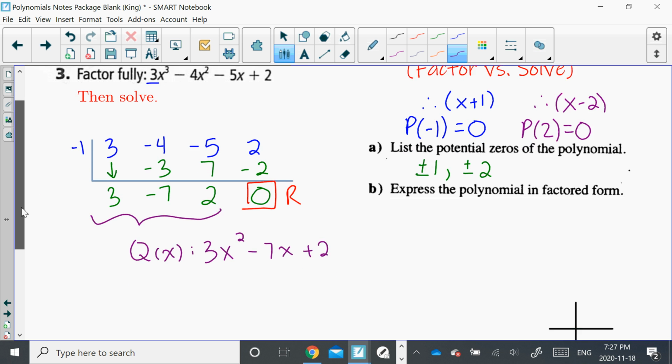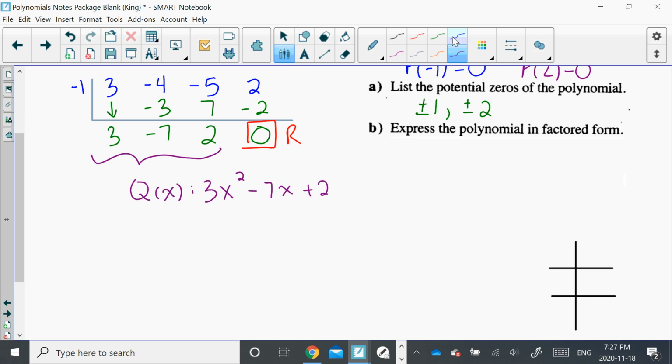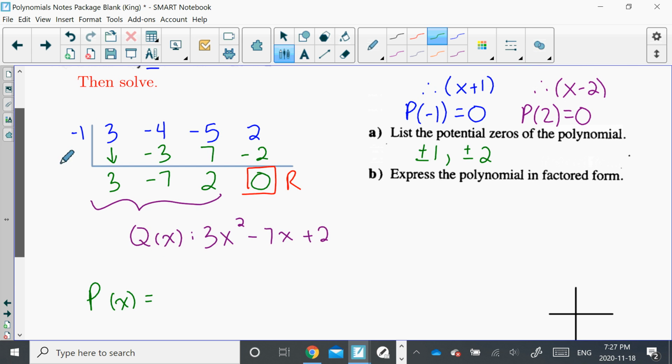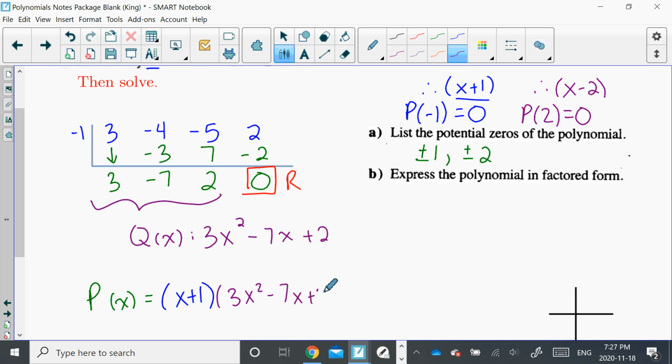What I know so far is I've factored my polynomial down to p of x equals the divisor, which gives me the factor x plus 1, times my quotient. Normally we would put plus the remainder, but I don't need to add plus 0.